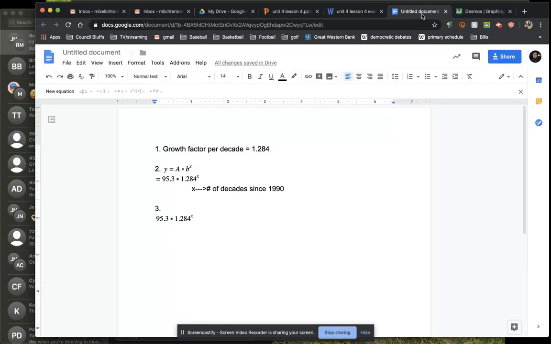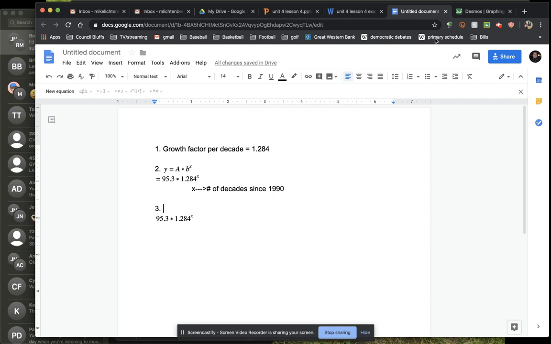But the X value has to be representative of a number of decades. So how do we convert from years to decades? Well, we know that 10 years is 1 decade. 20 years is 2 decades, 30 years is 3 decades, so on and so forth. So we convert from years to decades by taking the number of years and dividing it by 10.